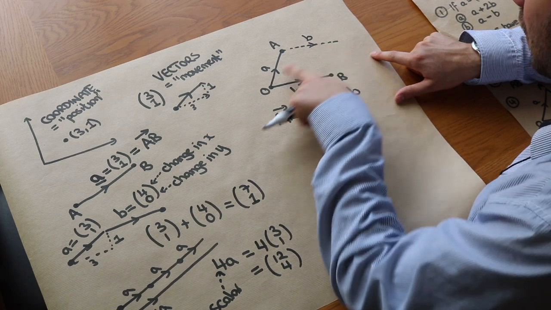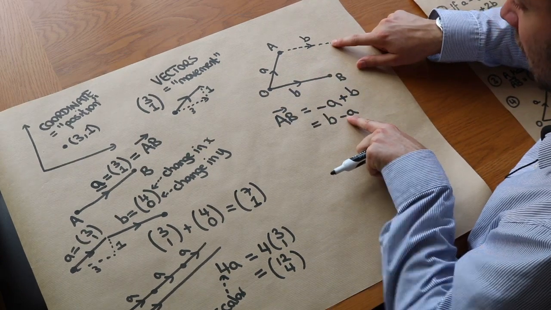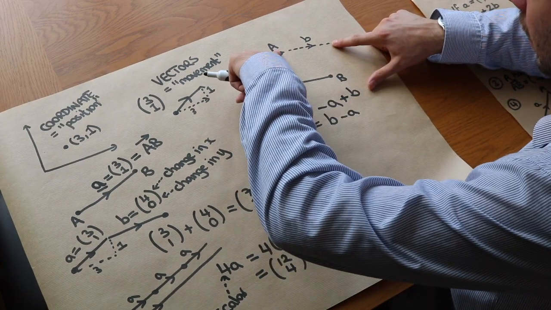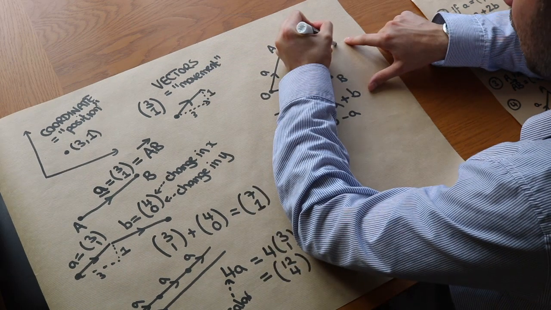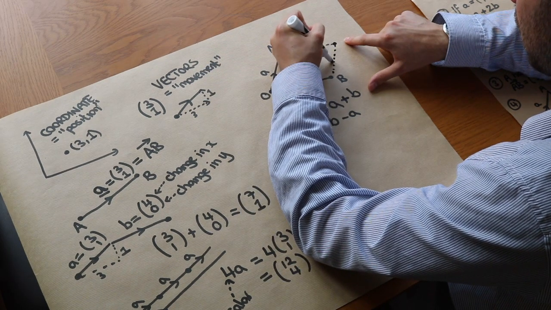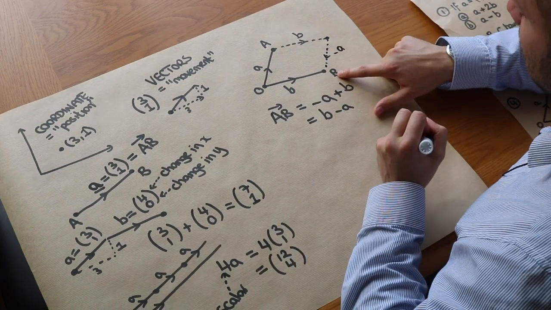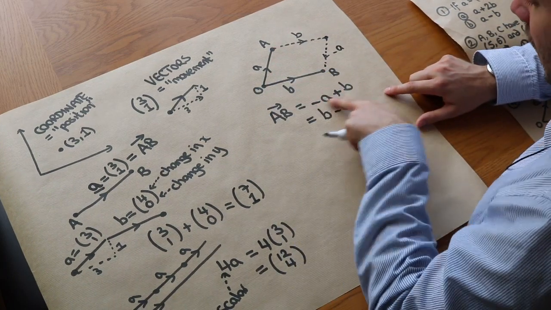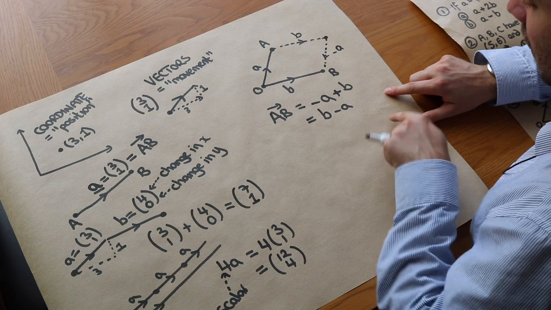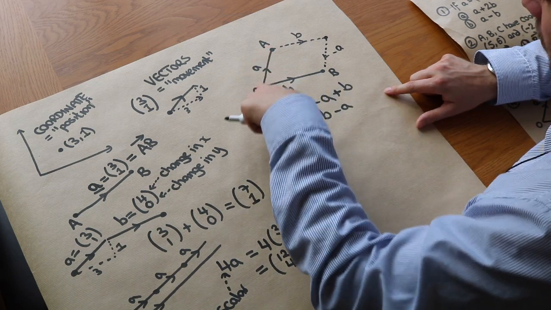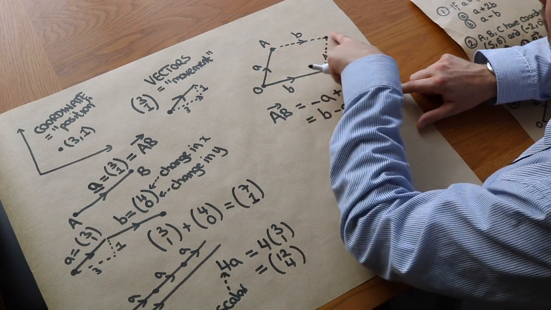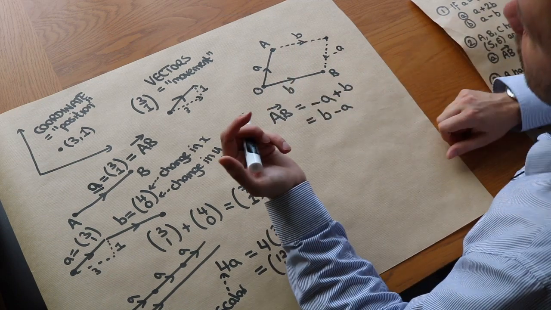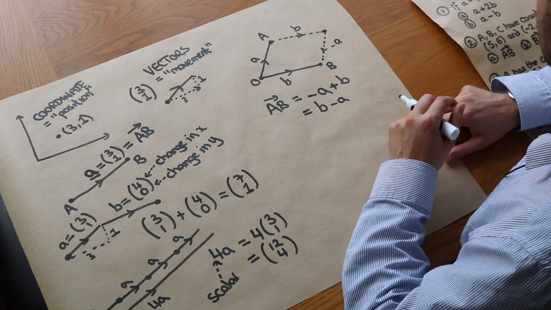So that would be a vector B as well. And then I'm doing a minus A. Well, I know that A is going that way, and that's a minus A. So from here, I'm doing minus A, and that would indeed get me to B. So you can see that that is the same as that, but represents a slightly different path, because that represents this path, whereas that represents this path. But as I said, as long as you end up in the same place, it will be the same vector.